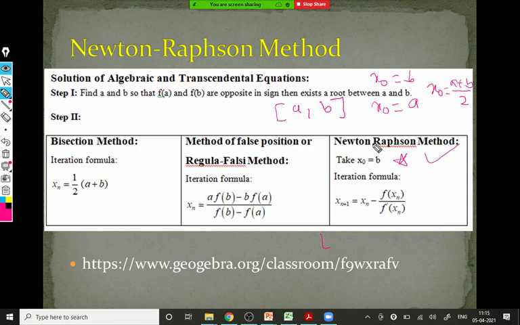The choice is yours. Depending on how close you are to the root, you require fewer iterations.